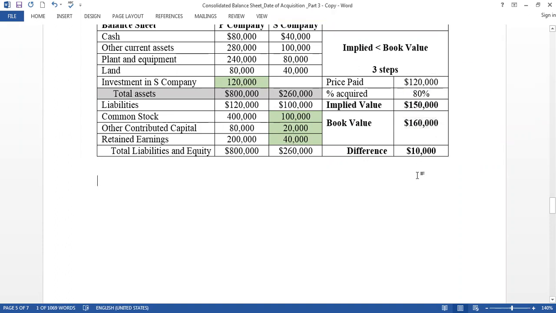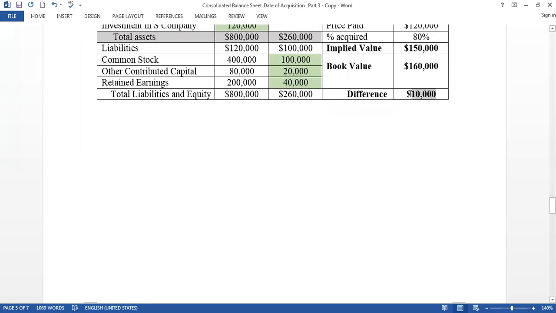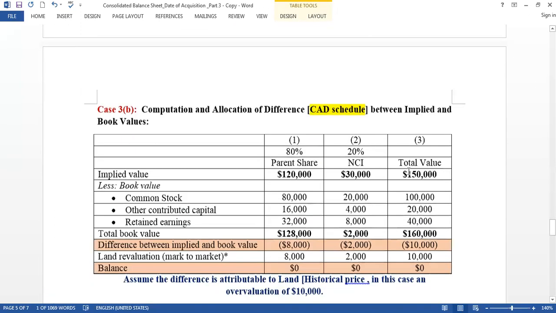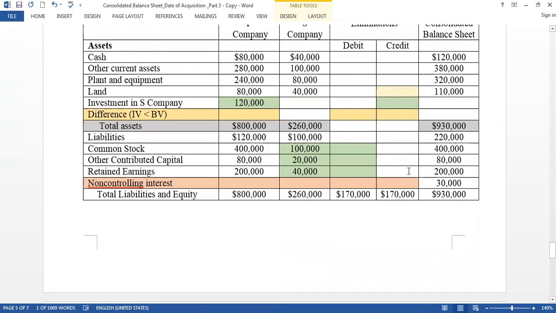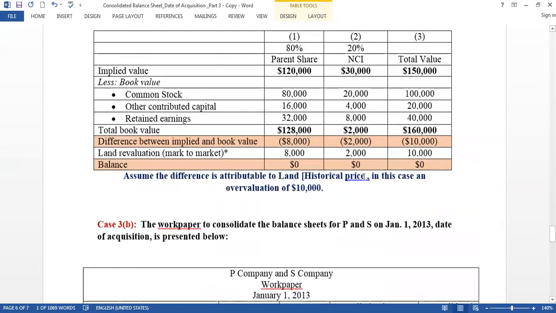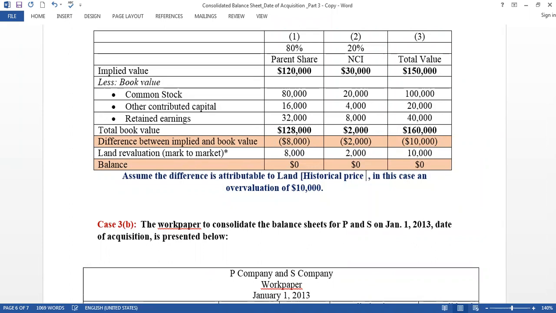Is it good news or bad news for the subsidiary? Of course, bad news, right? Because their market price is lower. So market price is lower means they have a $10,000 difference, and the question said that it is because their land price dropped. So historical price minus difference.